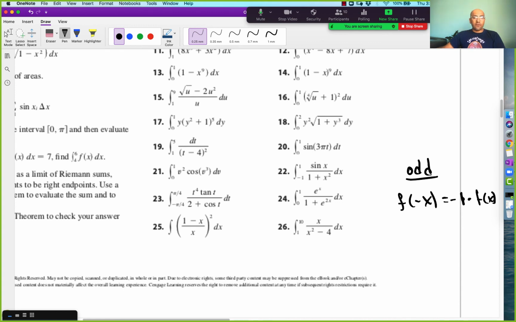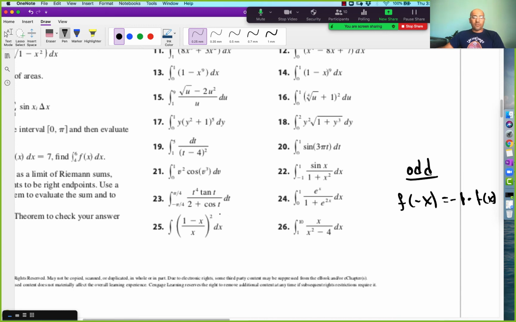You need to check that this function is odd. Do a test to see that this function is odd. If it's odd, then noting that we have the integral from negative pi over 4 to positive pi over 4 of an odd function, we know that the answer should be 0. Oh, because it all cancels out.